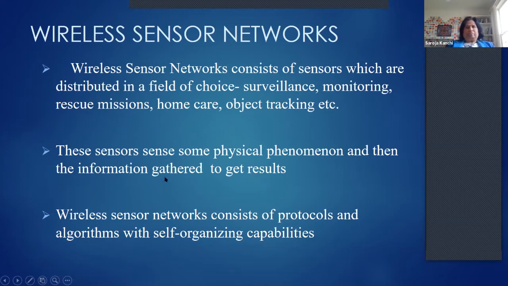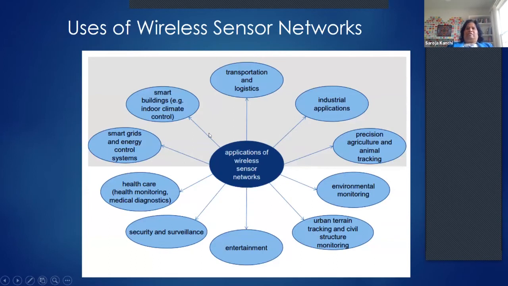So the sensors, being small and being easy to deploy, have found their way in various applications all throughout. So the essential job of the sensors is to sense certain information, whatever they're intended for, and then there are a collection of them which then form a network, and then the information is gathered at each sensor, and sometimes they work cooperatively between the nodes in order to get results for the application that we have. So here are a few applications that are shown.